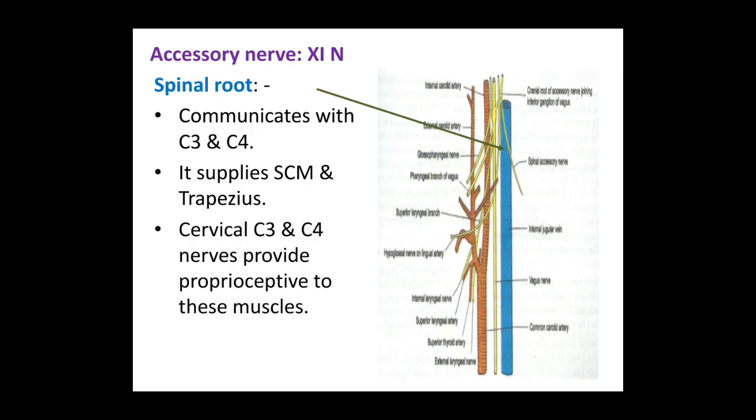It communicates with C3 and C4 fibers, and it ends by supplying the sternocleidomastoid and trapezius muscle. The communicating branches, that is the C3 and C4 nerves, provide proprioceptive fibers to these muscles.